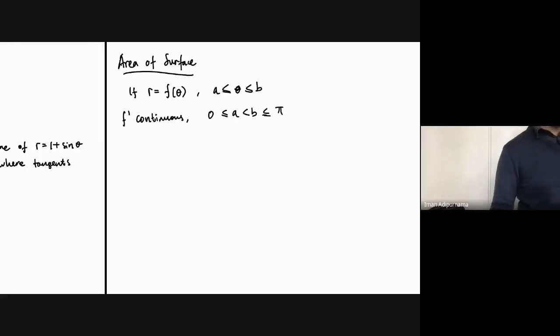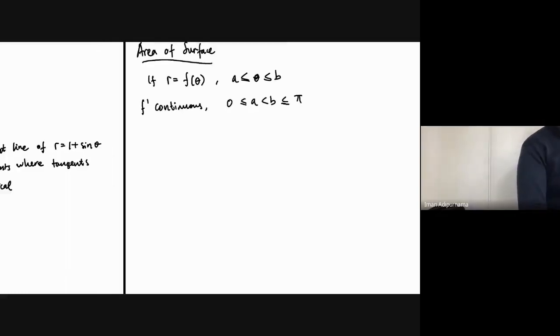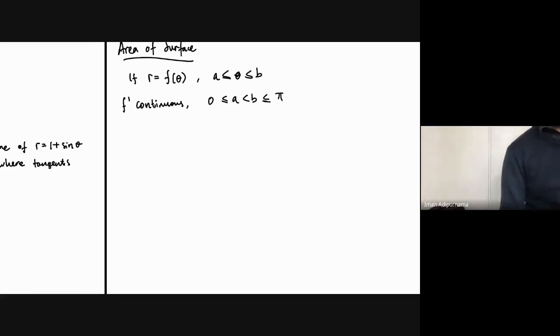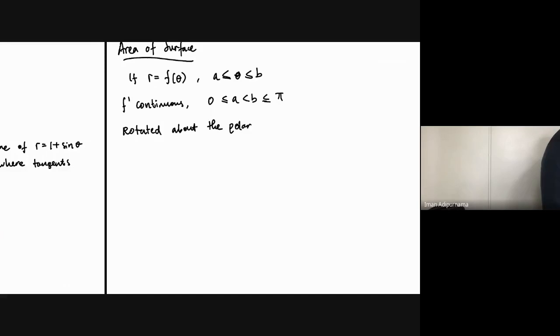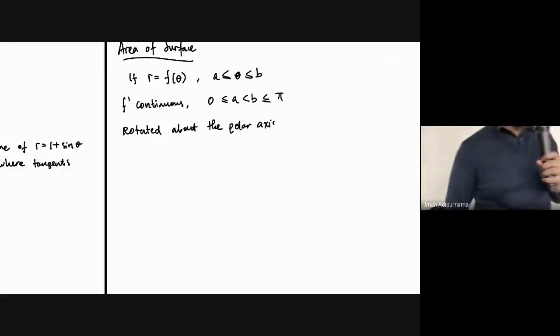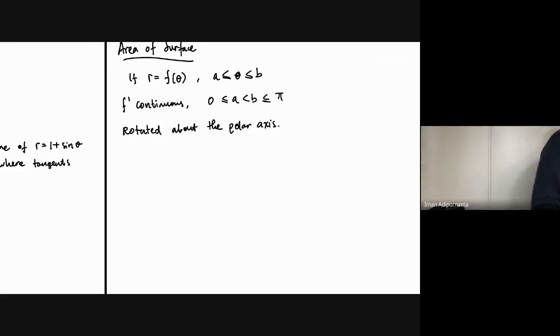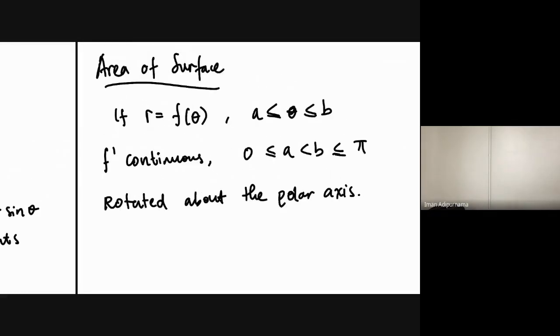We only observe until pi. You will know why we just observe until pi, and then rotate it. So the curve is rotated about the polar axis. If this happened, what is the formula for the area of surface or surface area?